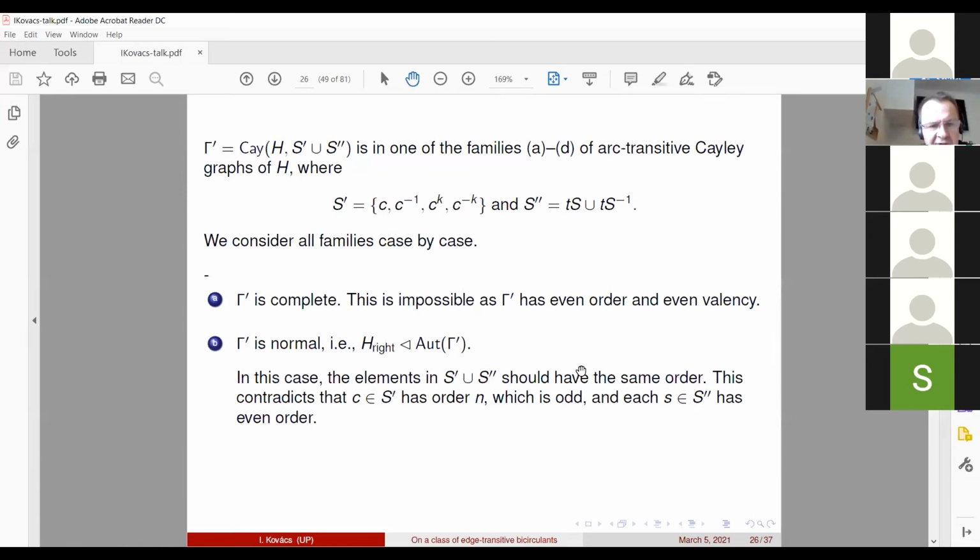And the next family is: the graph is normal. Normal means that the group of right multiplications is a normal subgroup in the automorphism group of the graph.